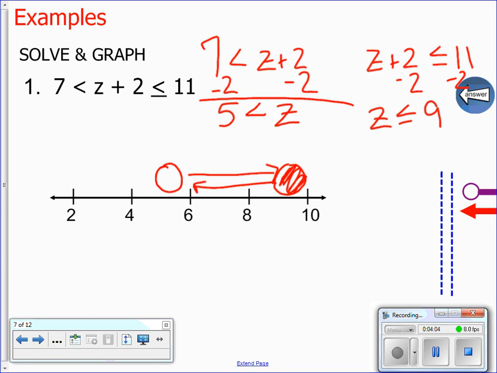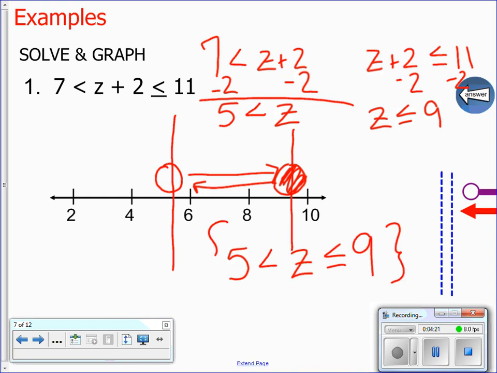So my answer is between 5, not including 5, and 9, including 9. So my answer is 5 is less than z, which is less than or equal to 9. So I take them apart to solve them, graph them, and then put them back together for my solution.